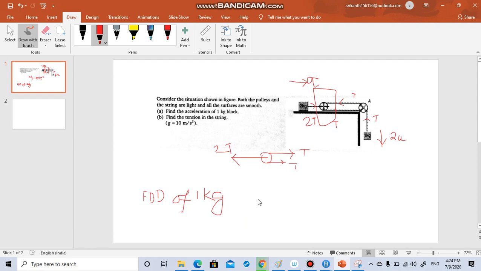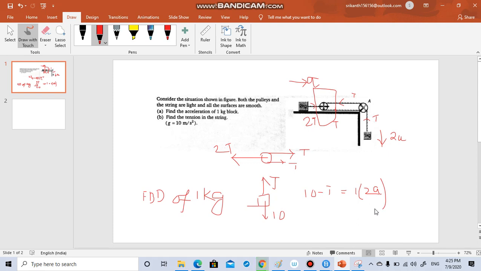You will see that you have a T here like this, and 1 kg means 10 Newton force. Okay, and the block is going down, so it will be 10 minus T is equal to mass into acceleration.